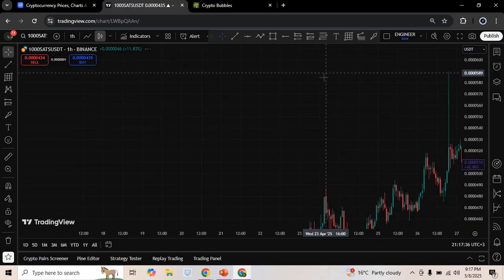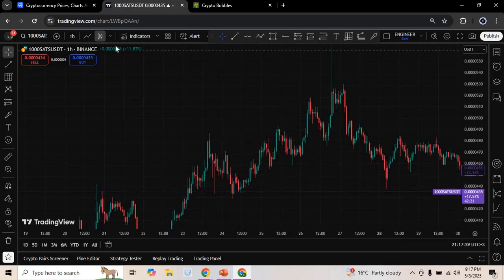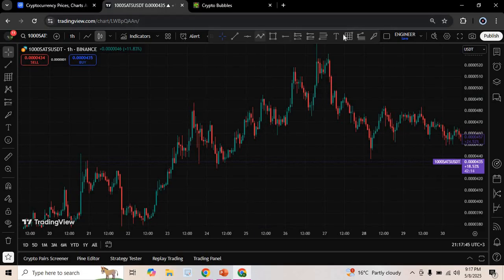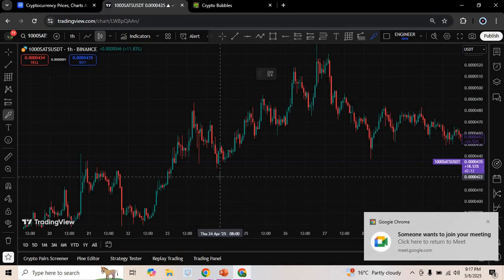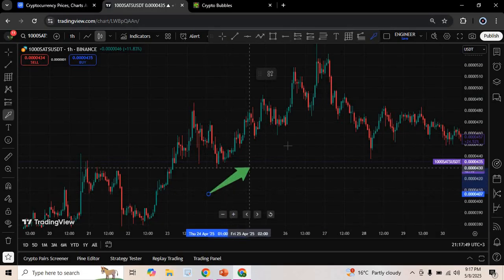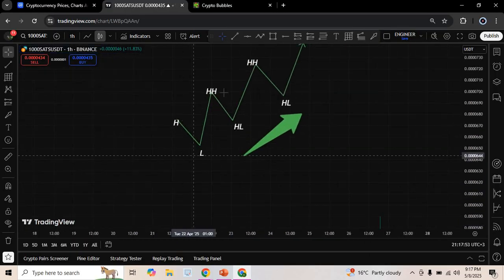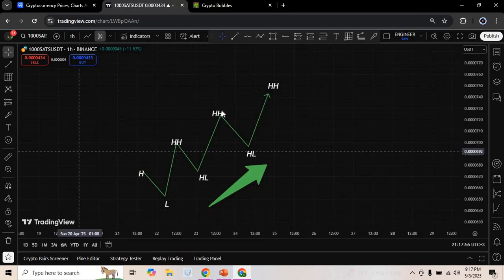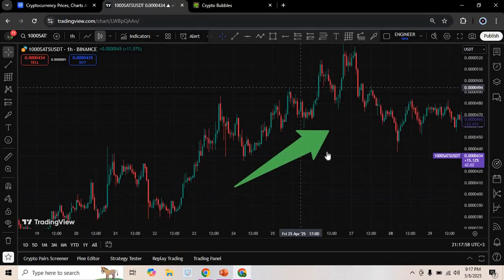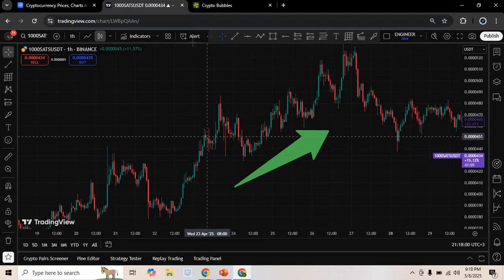So let's see if we can spot some higher highs and higher lows on the chart. We are on the 1000 sats, the one that we were using yesterday on the 1 hour time frame. If you look at this part right here, it is a good example of an uptrend. And we have said right here that an uptrend is a series of higher highs and higher lows. So let's see if we can spot them.